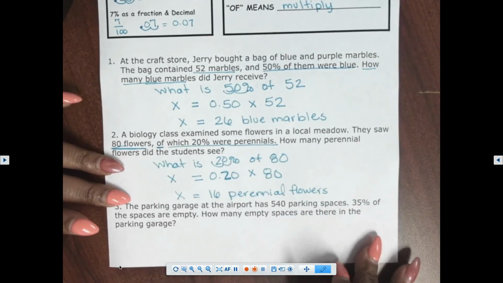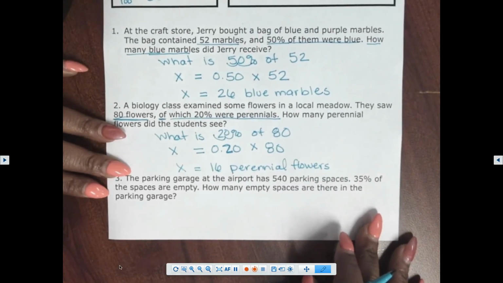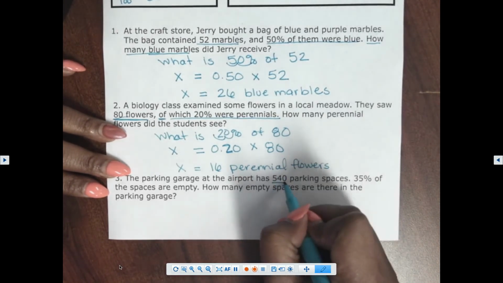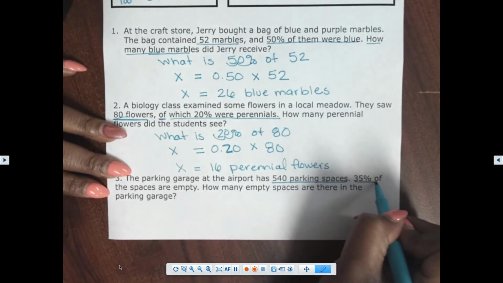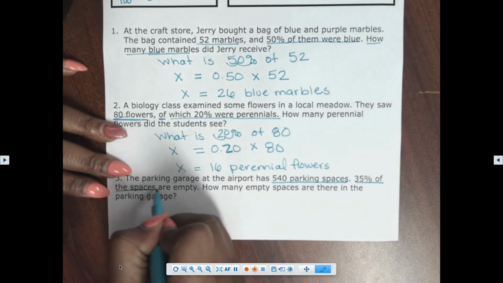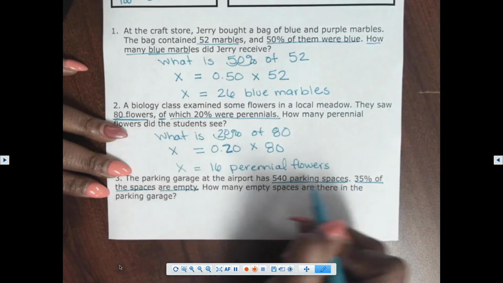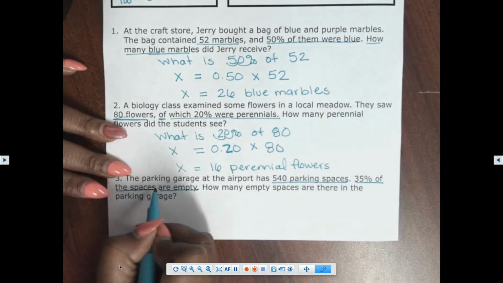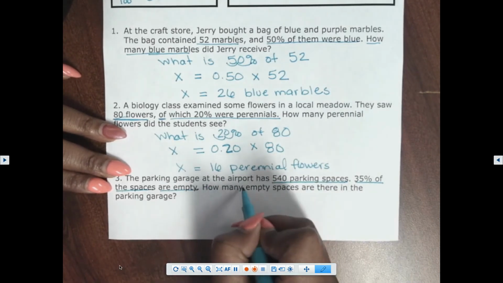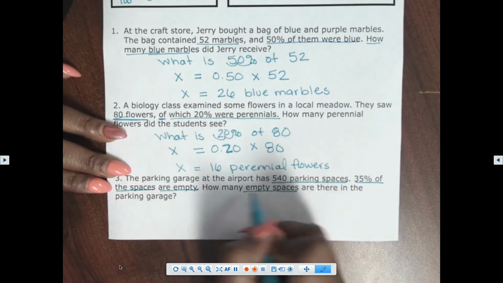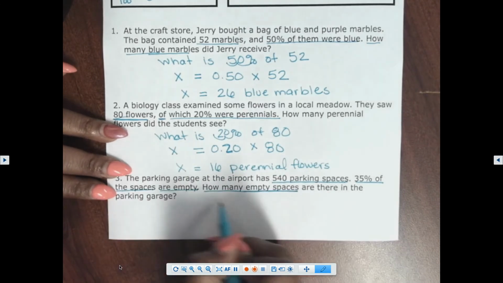Let's look at one more example. The parking garage at the airport has 540 parking spaces. 35% of those spaces are empty. 35% of what spaces? The parking lot spaces at the airport. How many empty spaces are there in the parking garage?